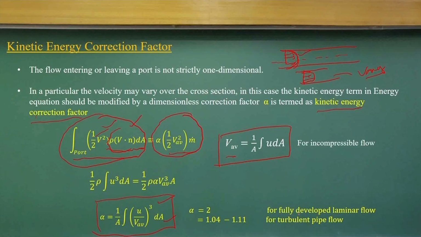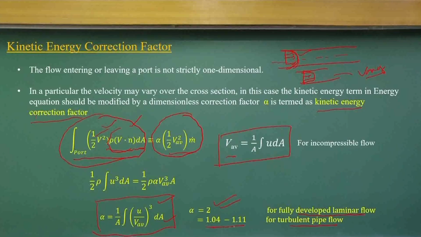For fully developed laminar flow, this alpha value is about 2. For turbulent pipe flow, it varies from 1.04 to 1.11. That is the biggest problem: many fluid mechanics books do not give the alpha value. They consider the alpha value to be close to 1, or indirectly they represent that the flow is turbulent. The alpha variation of 1.04 to 1.11 is not considered, but that is not correct.